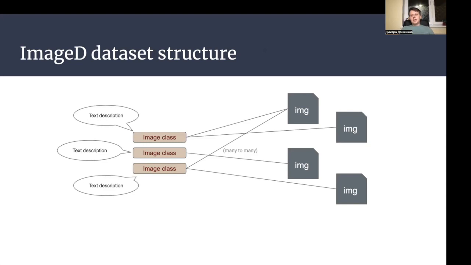Each image class has one text description, which is unique, and each image class corresponds to many images, as each image can have multiple image classes, which means that one image can contain, for example, a person and a cat and a dog, and all of them map to this image.